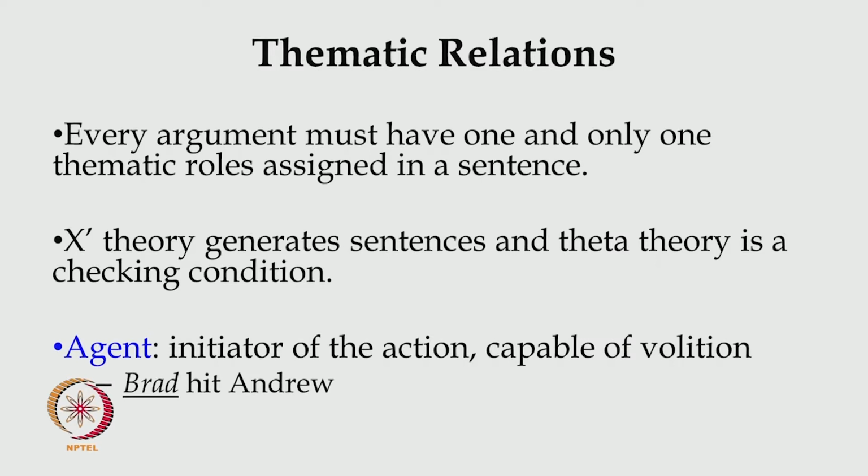Now, look at these statements. Are we clear about subcategorized elements now? Subcategorized elements in a sentence are the elements that are required in a sentence. Okay? So this is the story about those subcategorized elements.